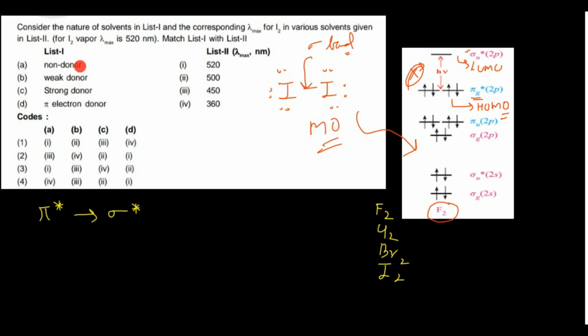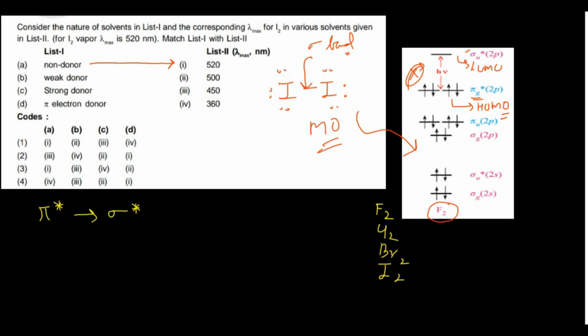So there is no change in the lambda max value for the non-donor. For these non-donors, the value would be the same, 520. It simply says that option A is matching with option 1.